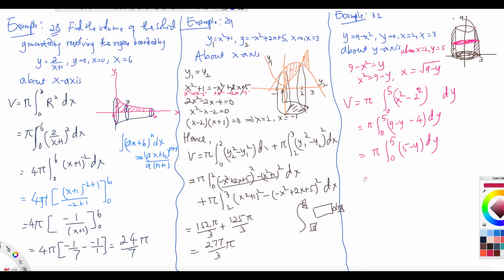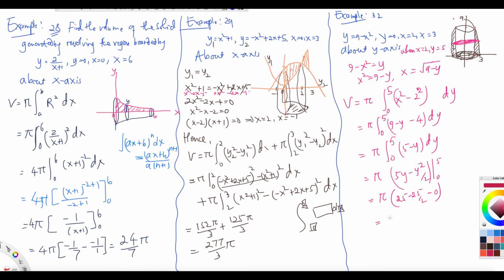You can use calculators, but it is easy to calculate, right? 5y minus y squared over 2, with limits 0 to 5. If you plug in 5, you will get 25 minus 25 over 2, and then minus, plug in 0, you will get 0, right?